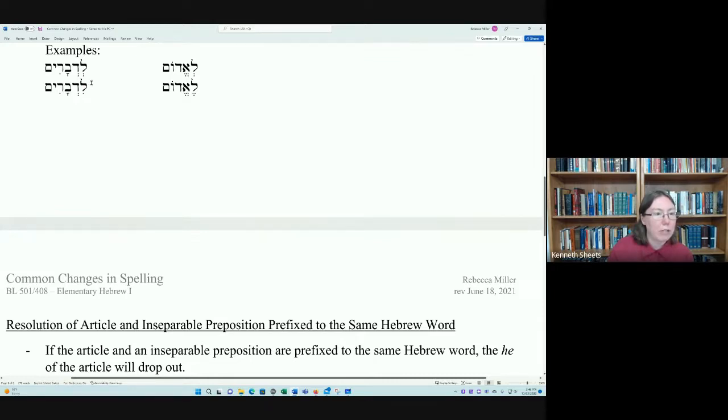The first one changes to the nearest short vowel in pronunciation for that simple vocal schwa, which will be the hireq. But then let's say we have le'edom. In this instance, that first simple vocal schwa is going to change to the short vowel nearest in pronunciation to the composite schwa. In this case, for a hateph segol, that would be a segol. And so we have the form le'edom there.